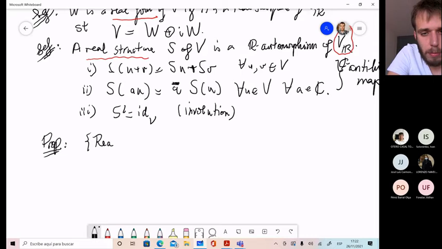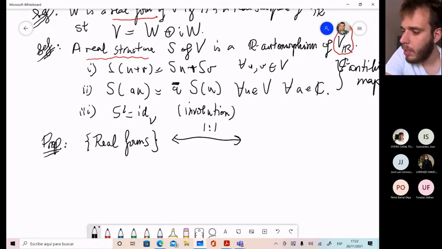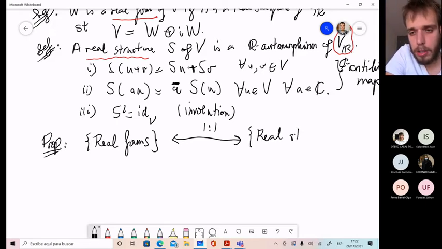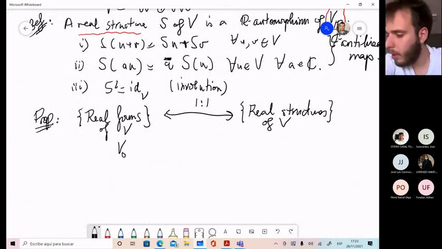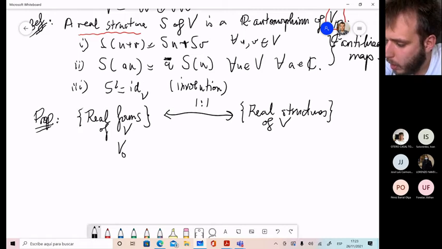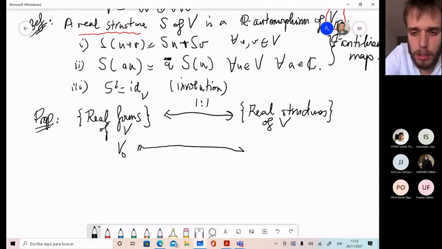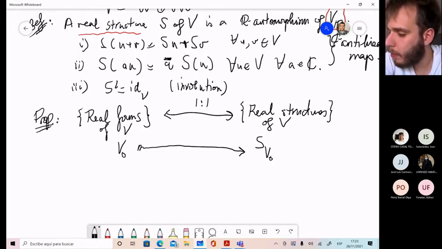So the set of real forms of V is in one-to-one correspondence with the set of real structures of V. So we start from V naught, a real form of V. This is a subspace of V. And I will show you that you can define a real structure, which is a map from V to V, which I'm going to call S_V0, okay?